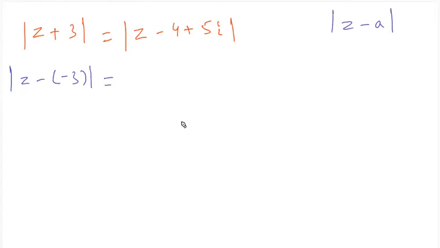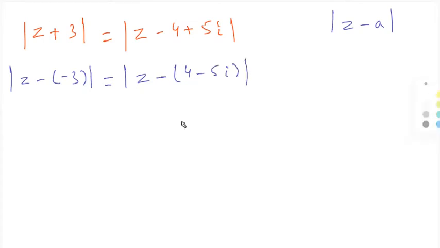That's equal to z minus, let's take the minus common outside, and what remains inside? We'll have 4 minus 5 iota. So now what does this mean?